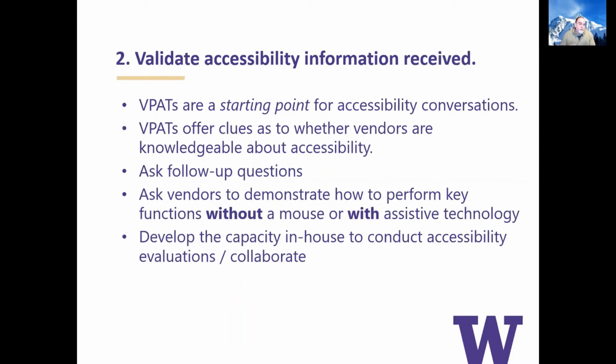And then we want to make sure that what they've said actually is true. It is just a starting point for a conversation about accessibility. It gives us clues about whether or not the vendor understands accessibility concepts and design criteria. We want to ask follow-up questions. We want them to demonstrate accessibility.